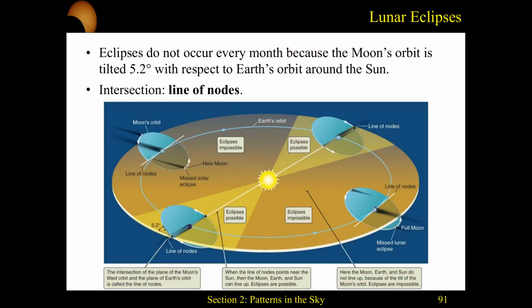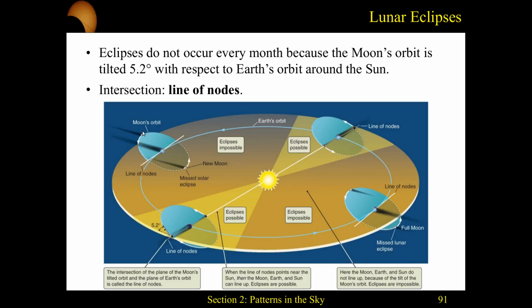So what is the frequency of these eclipses? To be specific, you can only have either a solar eclipse or a lunar eclipse when the sun, earth, and moon are lined up in a nice straight line. But the moon's orbit around Earth is tilted by about 5 degrees, 5.2 degrees.